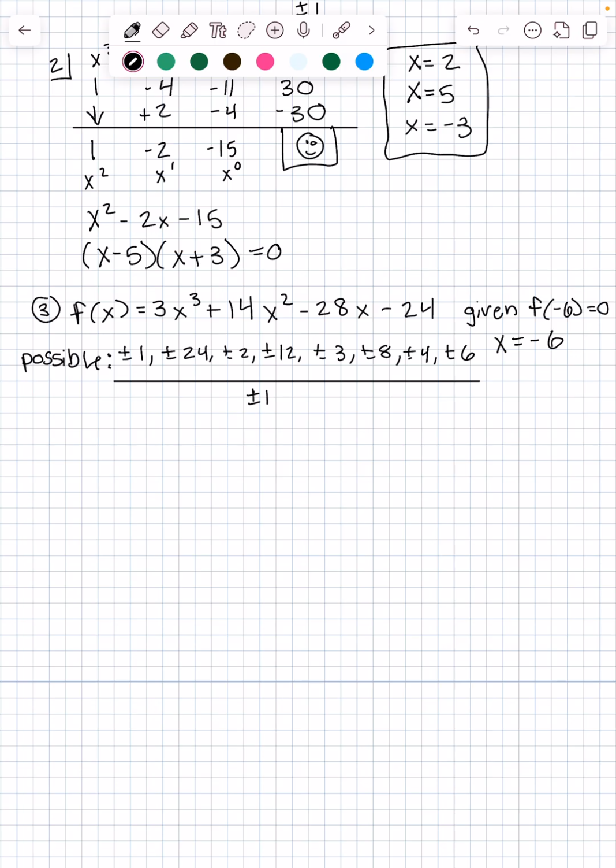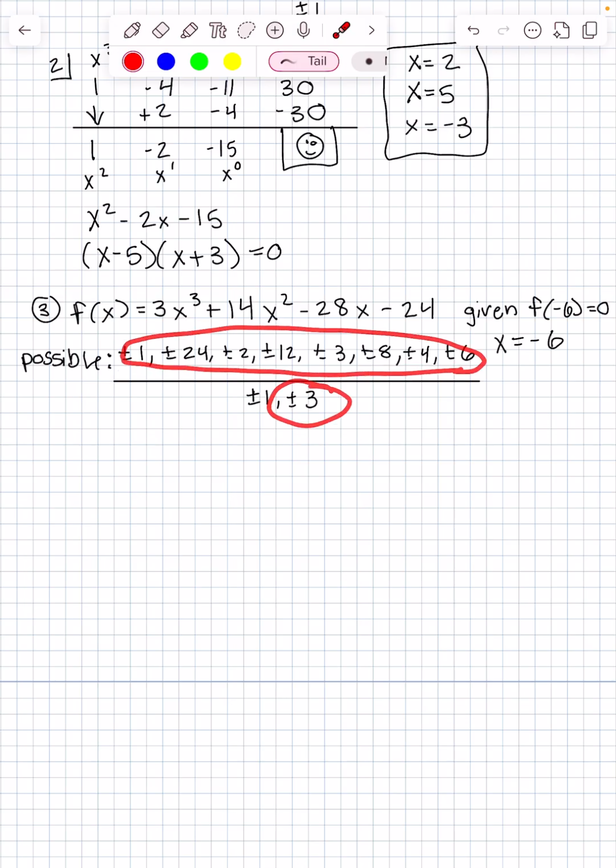So plus or minus 1 and plus or minus 3. So if I divided all of these numbers by plus or minus 1, I would still get these numbers. But now our possible zeros are also all of these numbers divided by 3.